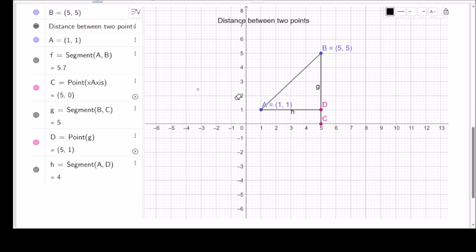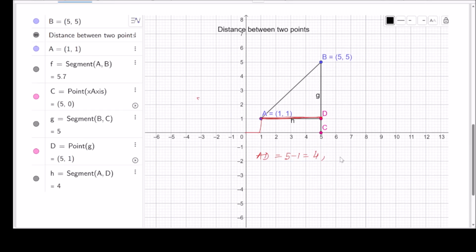These are 2 points which are not at the origin. A has the coordinates 1, 1. And this is 5, 5. So first we'll find AD. AD will be how much? This point is 5, 1. So AD is 5 minus 1, that will be 4. And BD equals again 5 minus 1, that will be 4.